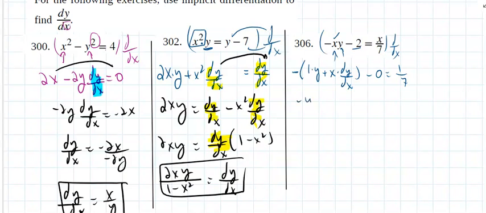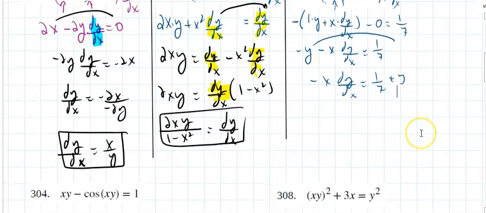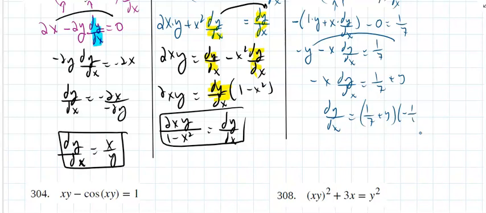And if I distribute the negative, so negative x dy dx will equal 1 over 7 plus y, and dy dx will be 1 over 7 plus y multiplied by negative 1 over x.